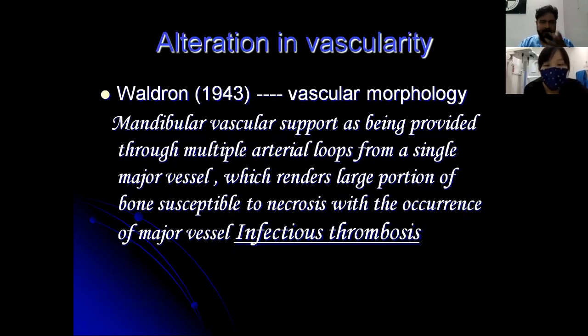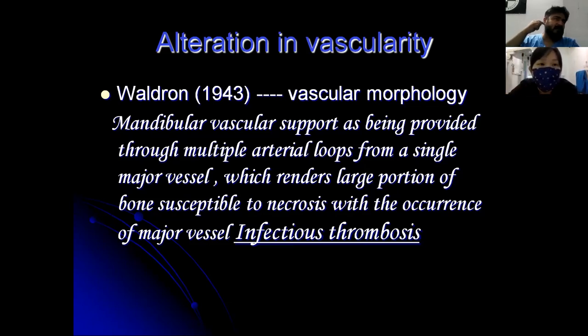Now, alteration in vascularity. In 1943, Waldron stated that the mandibular vascular support is provided through multiple arterial loops from a single major vessel, which renders a large portion of bone susceptible to necrosis with occlusion of major vessels and infection thrombosis.